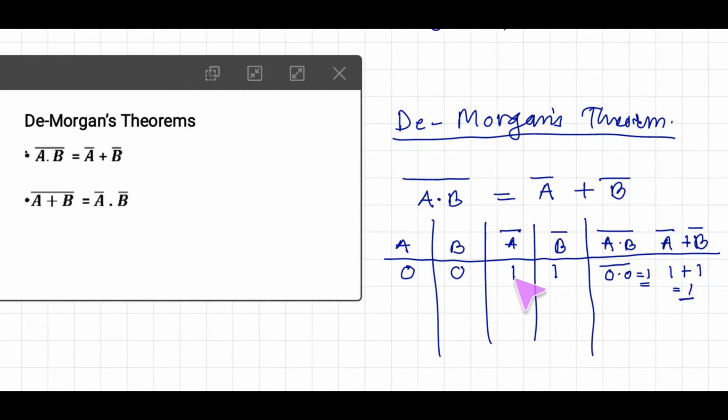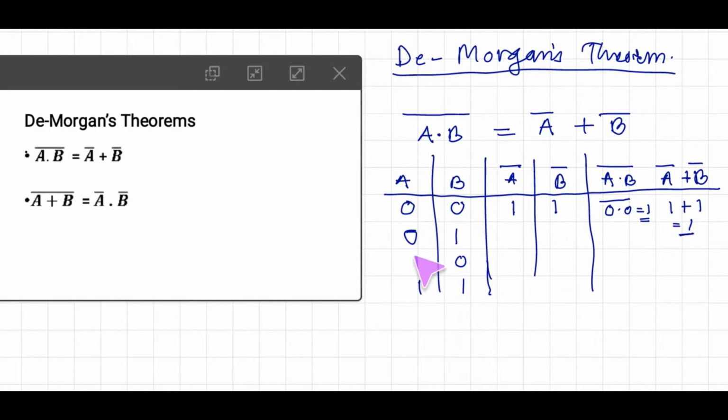So this is for 0 0 and 1 1. If we change to 0 1, 1 0, 1 1, we'll get the same result. So we are writing here the complements. A complement is 1, B complement is 0. Here it is 0 1 0 0.